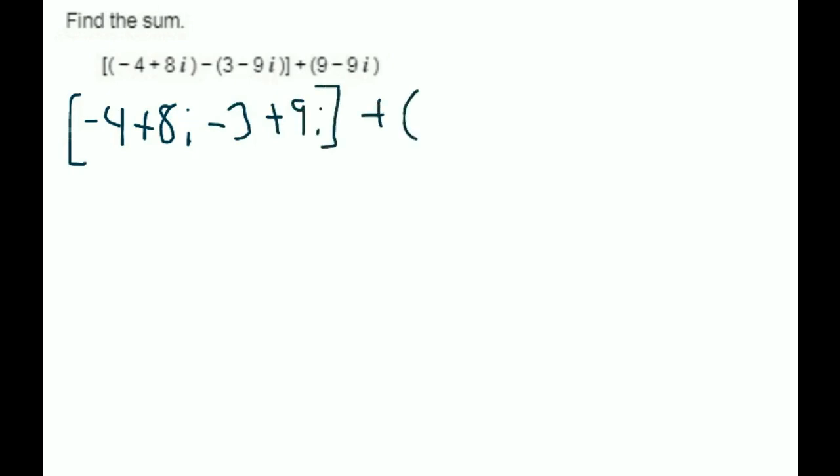So let's go ahead and rewrite this here in the bracket. We'll have -4 plus 8i, distributing a negative, minus 3 plus 9i. And then we have the piece that is outside of the bracket still.